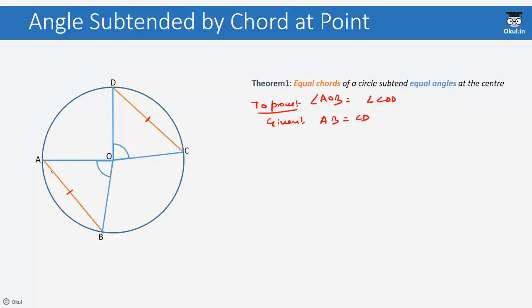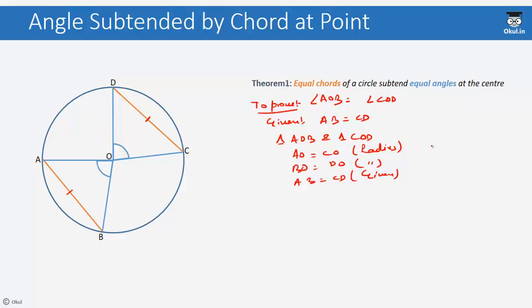So we have two triangles, AOB and COD. In triangles AOB and COD, we have AO equal to CO, as these are the radius of the circle, since the radius remains constant, and BO equal to DO, again for the same reason, and AB equal to CD. This is what is given to us.